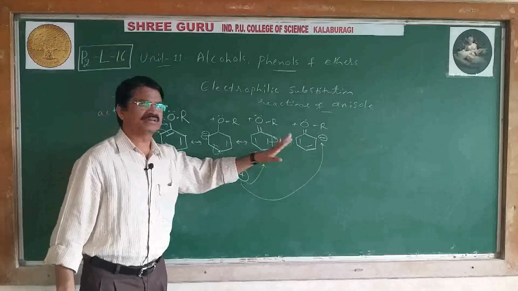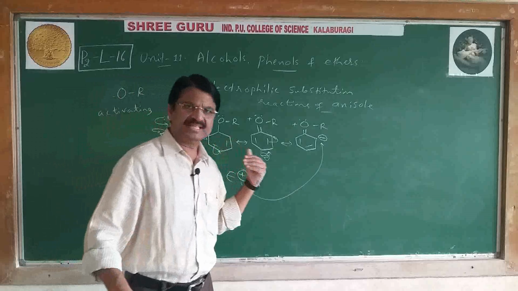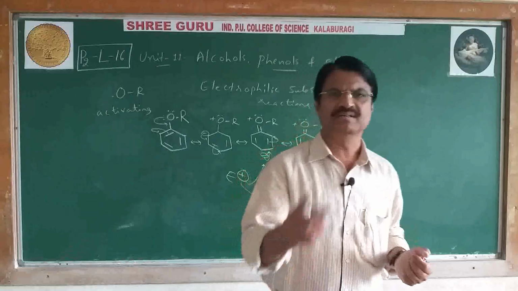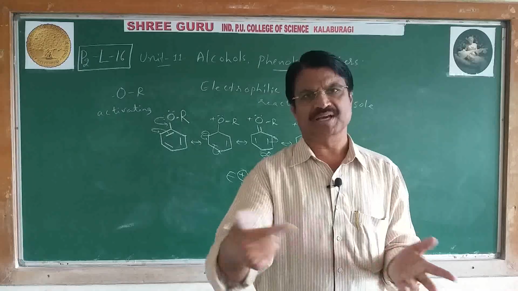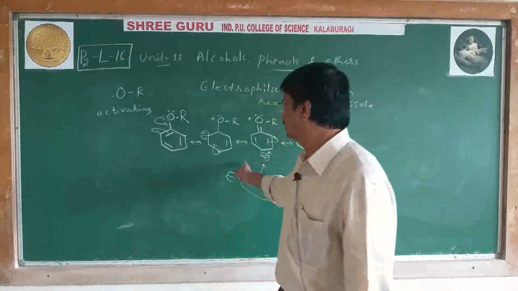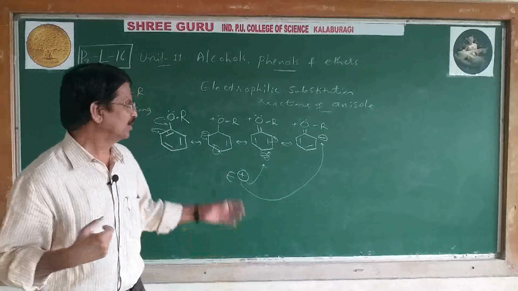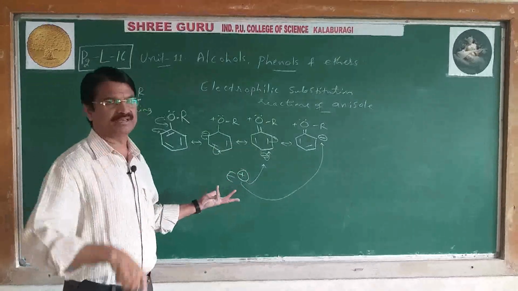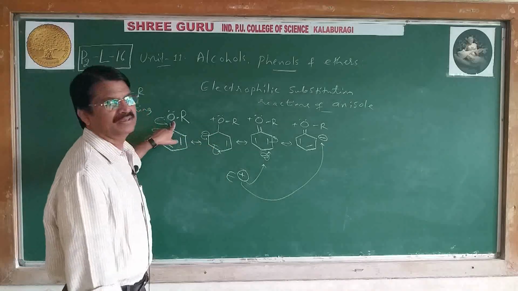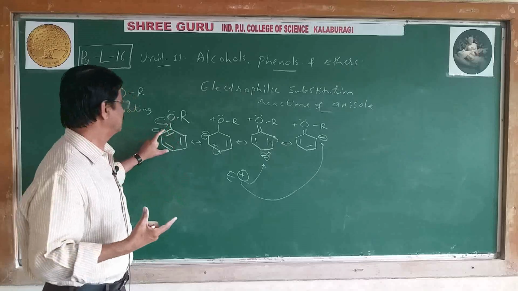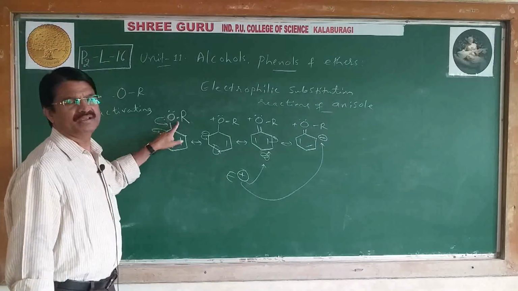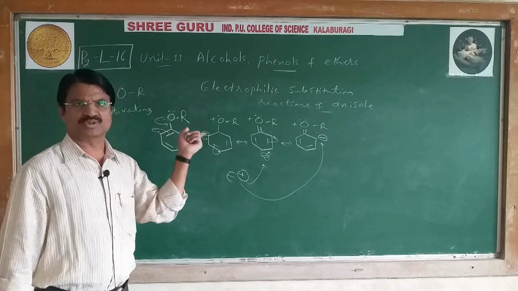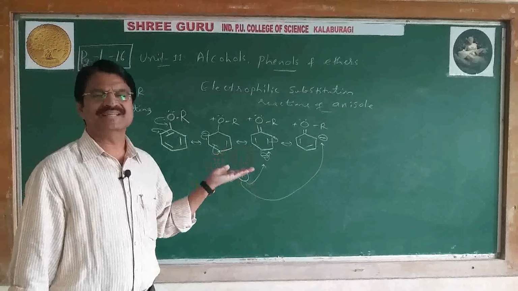Now we get two compounds. When anisole is nitrated, we get two products: one is ortho-nitroanisole and the second is para-nitroanisole. But what is the reason? Why are we getting ortho and para? The answer: the alkoxy group in ethers such as anisole is an ortho-para director due to resonance and is called a ring activator group.